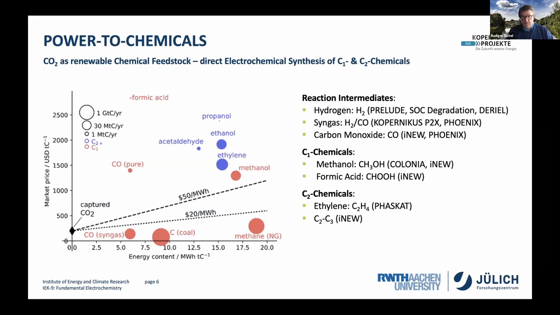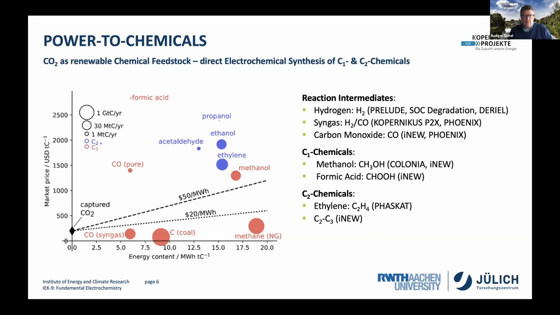Now, if we want to do this at a big scale, we need to think about the economical meaningfulness of these technologies. And the good news is you can do it right if you think about a valorization strategy, which means, yes, there are products where you can come close to a positive business case.